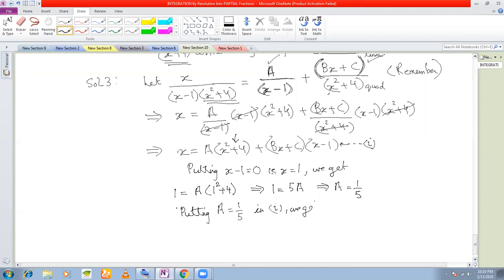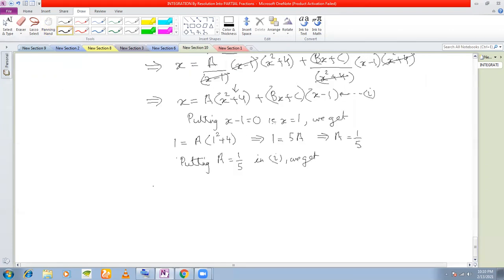we get x is equal to 1 by 5 times x square plus 4 plus bx plus c times x minus 1. In fact, you have two unknowns, b and c. Both you will get if you equate the coefficients.